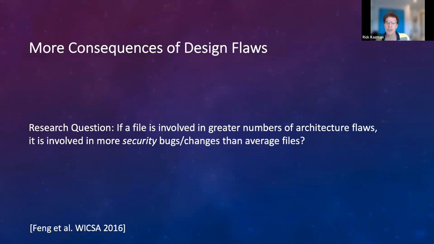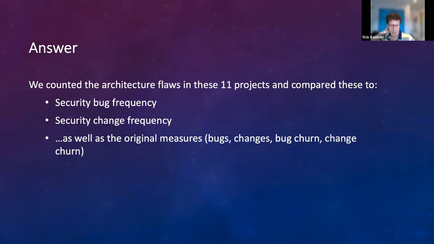So we did another study based on this. We thought that was interesting. I wonder if this applies to all kinds of bugs. So we looked specifically at security bugs. We did essentially the same analysis, but instead of looking at all bugs, we just focused on security bugs, their frequency, and the frequency of changes made to implement a security feature or resolve a security bug.